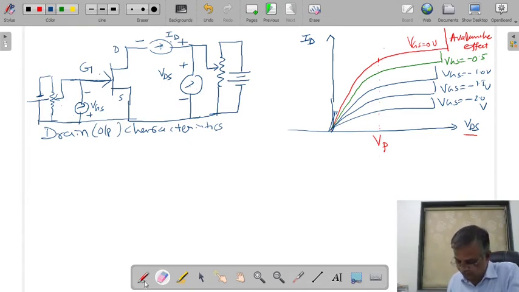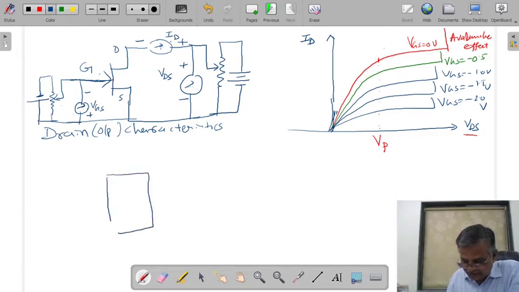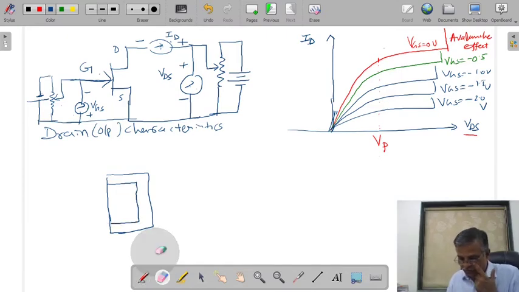Why it is shifted down, that I am discussing. Look, this is your basic cross section of a field effect transistor. Let me draw the bigger one.